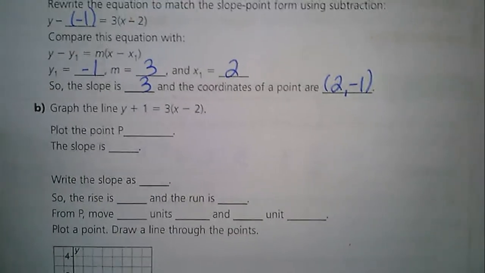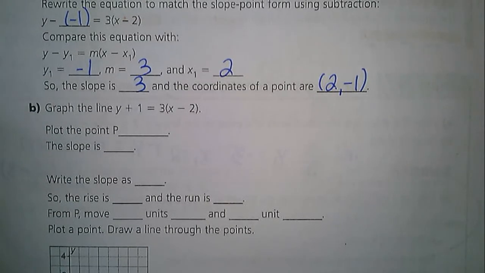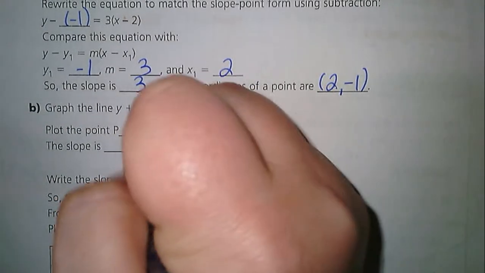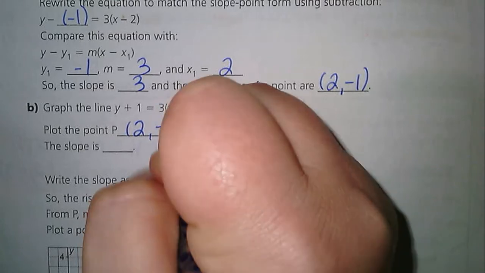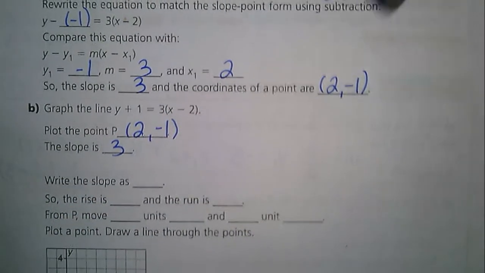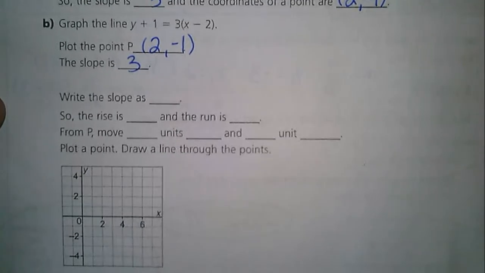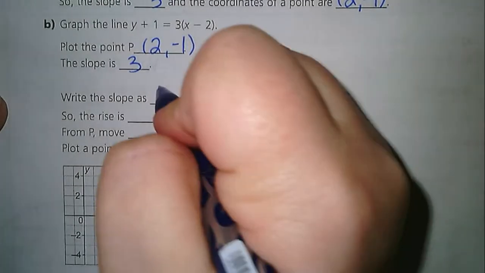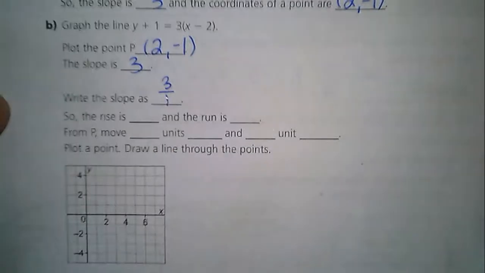So for part B, now they've asked us to graph this line. We can do that because we know we have a point on the graph. So our point will be 2 and -1. Our slope is 3. So remember, any slope of a whole number, I can write it as that whole number over 1. So the slope I can write as 3/1.